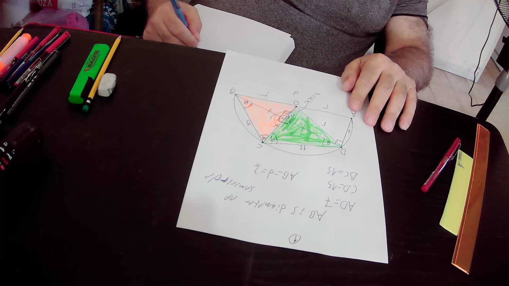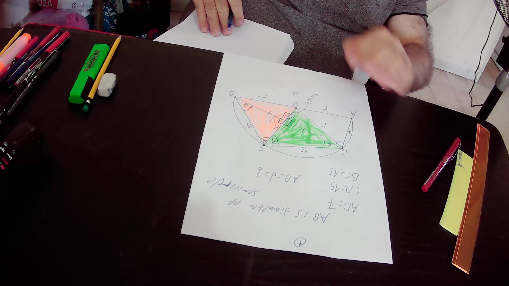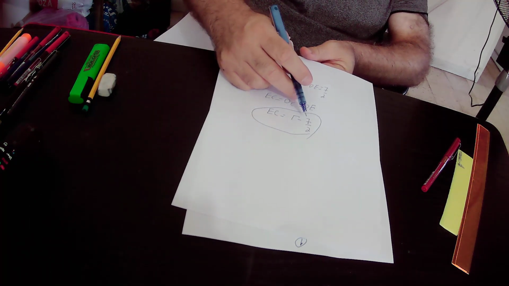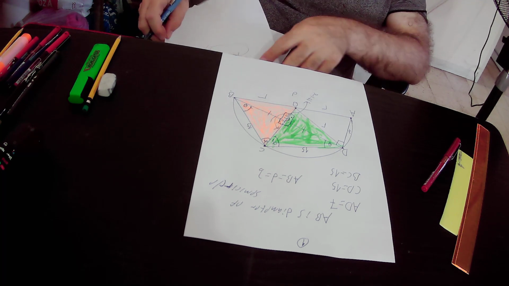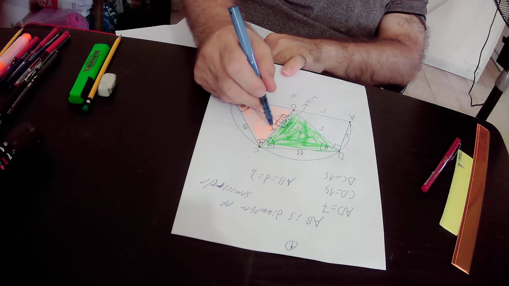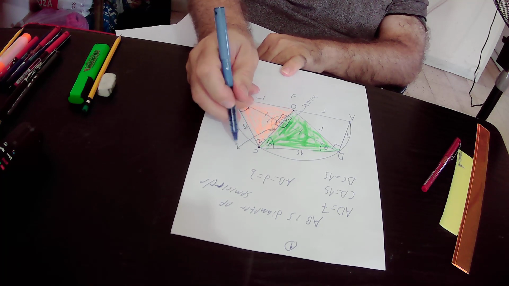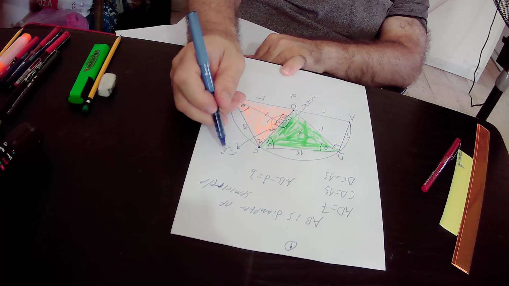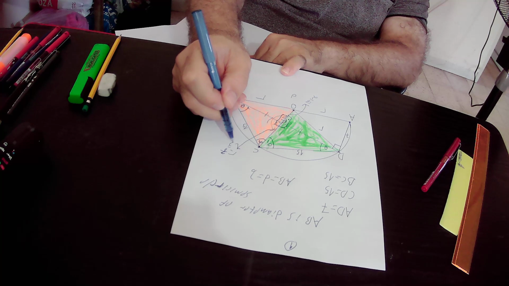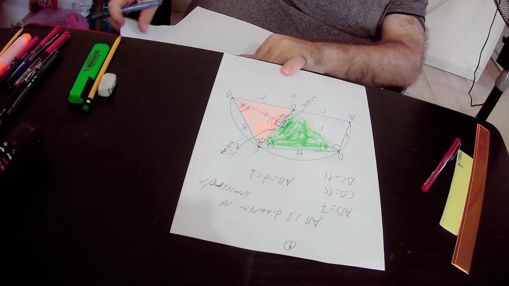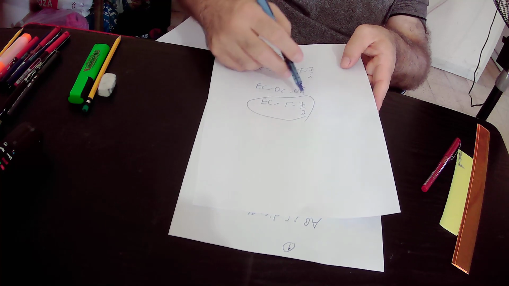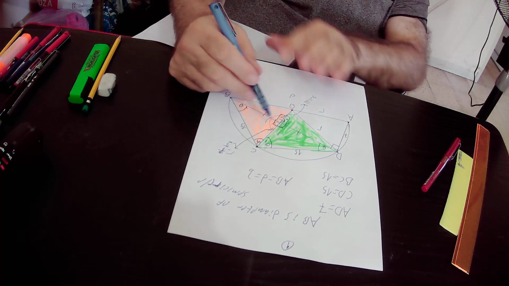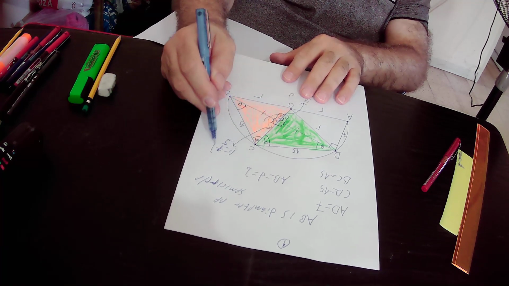So in total, EC equals the radius of the circle minus 7/2 units. So here I wrote that EC equals the radius minus 7/2 units.